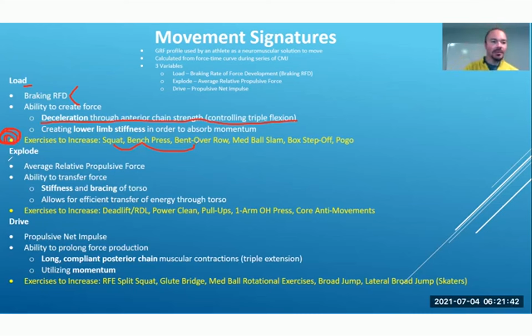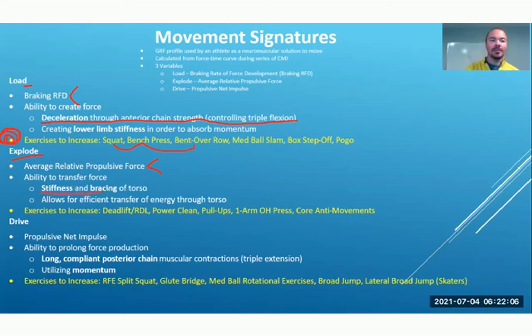Our next factor, explode. Again, if you find yourself looking for data or looking for factors, the software would call that the average relative propulsive force. And what is it measuring really? It's your ability to transfer force.